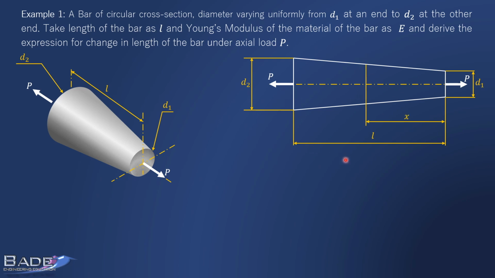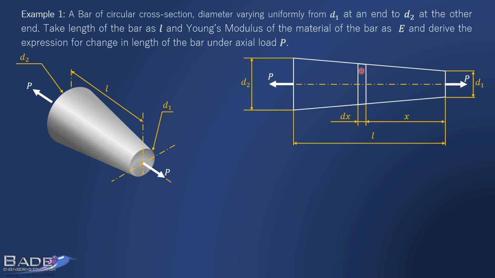Okay. So this cross section is at distance x. Now consider one more cross section which is very close to the earlier cross section. That is, it is at distance dx. Remember, dx is nearly equal to 0. So this is a portion of the bar of length dx. dx is infinitesimally small.